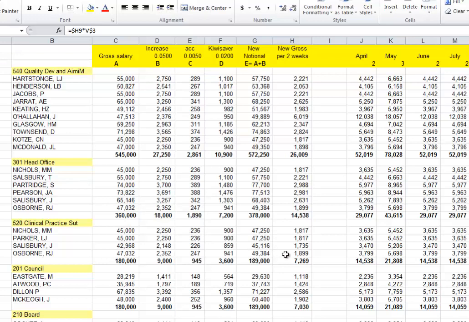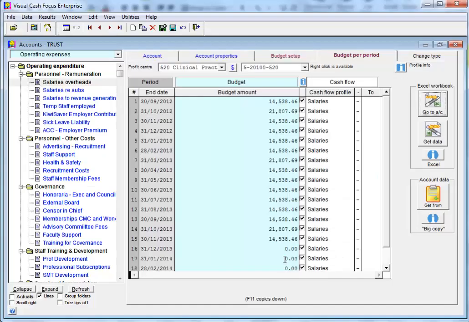The link enables the data to be updated by an HR manager without involving them in the workings of Cash Focus, to ensure the accurate personnel expense allocation by department, which is important for forecasting purposes, and then finally to match the account level detail in the ledger, which is important for actual to budget variance reporting.